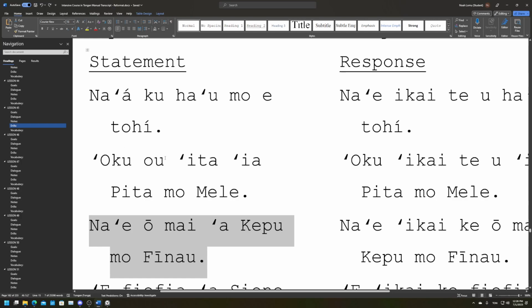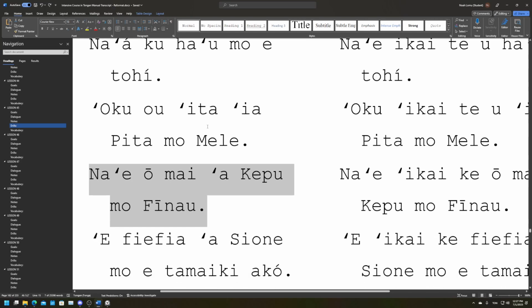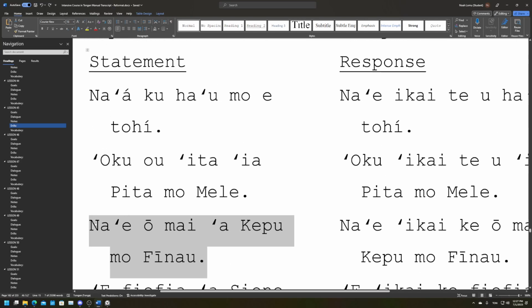So okuo is okuikaiteu. Na'aku is na'ikaiteu. And then because we have na eo, it's not ikaite anymore, it's ikaike. So all we have to do is add ikaike. These sentences without the pronoun are the easiest because we just add ikaike and the whole rest of the sentence is the same.